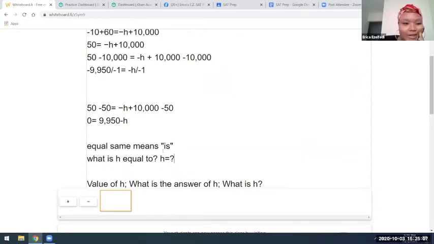When you get stuck, it's good to rewind and remember what you're trying to answer, what you're trying to figure out. So we're trying to figure out what h is equal to, or in a math term, h equals what? H equals question mark.